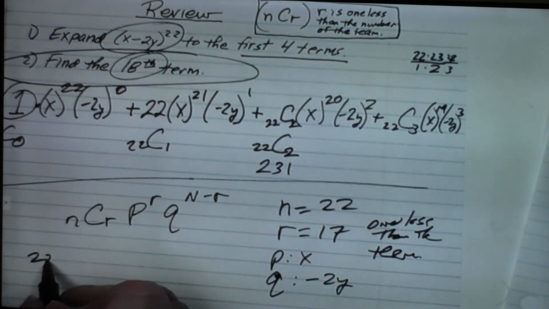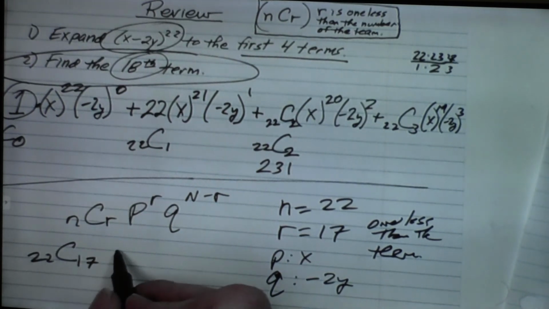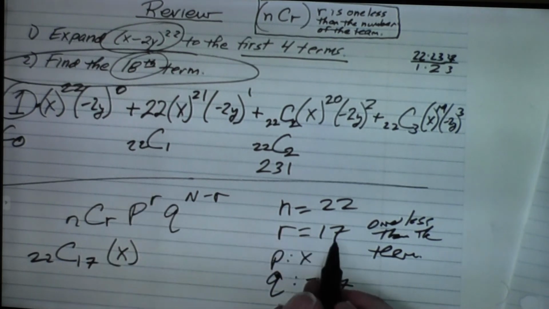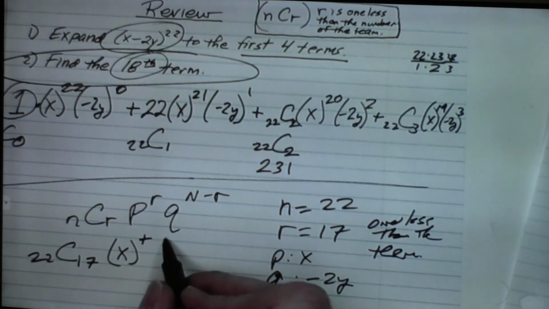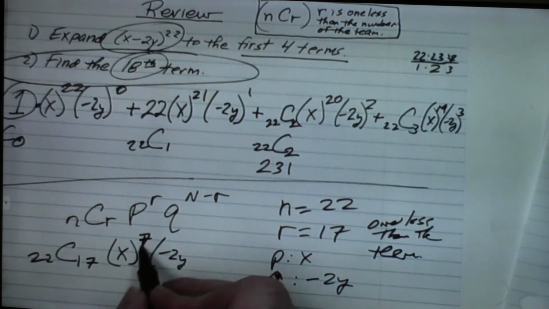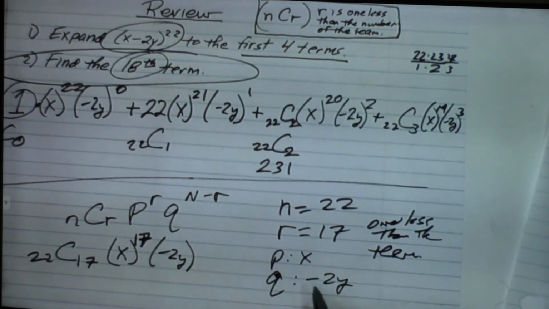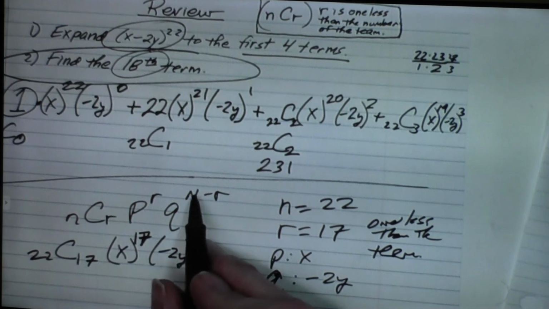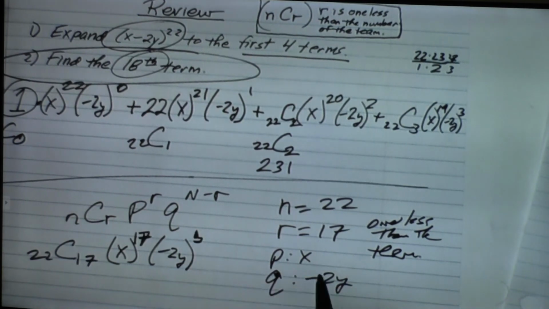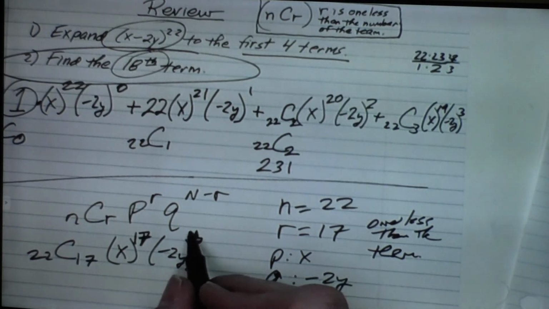So if you do 22C17, x to the, this is r, x to the 17th power, and then negative 2y to the 22 minus 17, so that's a 5, if I'm right. All right, 5, okay.